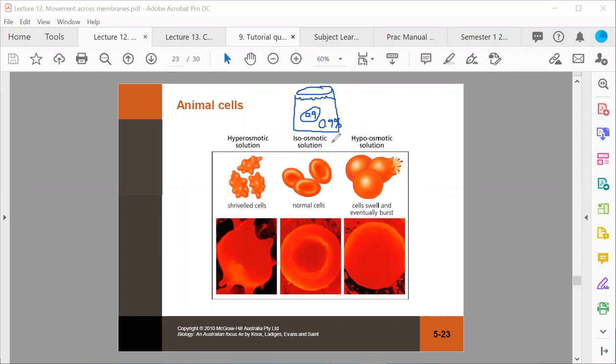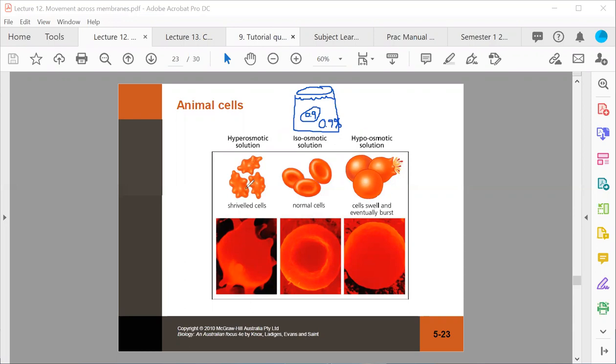And that would be isoosmotic to the interior of the cell, about 0.85% sodium chloride solution. Okay, so that means that there's no net movement of water into or out of the cell.